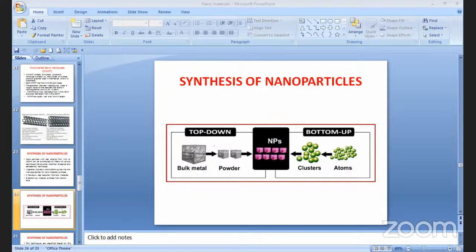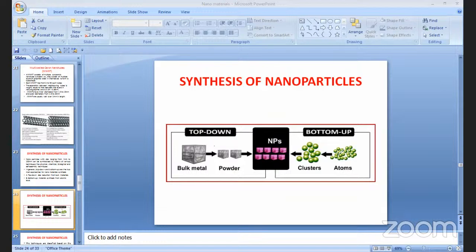In the top-down method, we take a bulk metal and reduce its size to powders with a size of less than 550 micrometers, and that can be converted into nanoparticles. So this is what we call the top-down method.